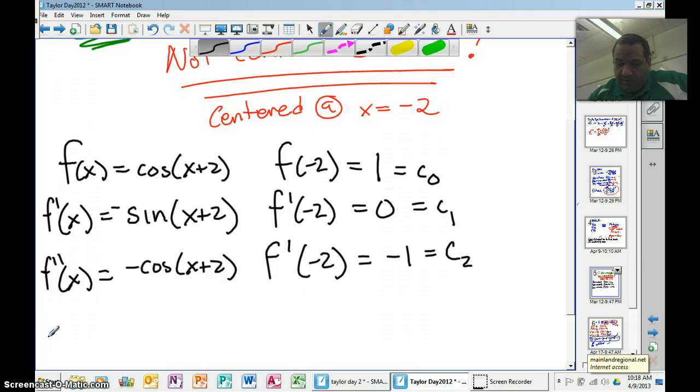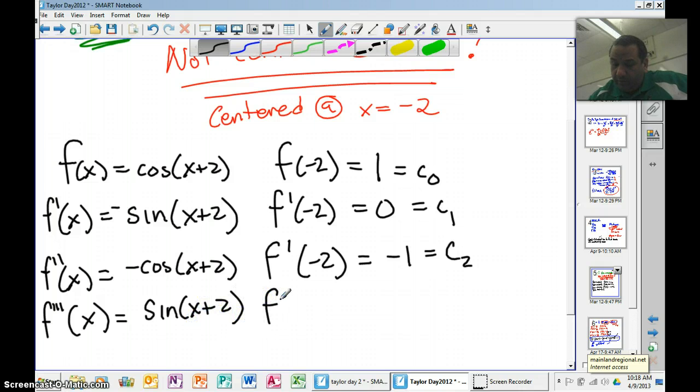Then I'm going to go 4 of them because I mentioned degree 4. The third derivative is just sine of x plus 2, which is a 0 term. This is 0. That's C3.